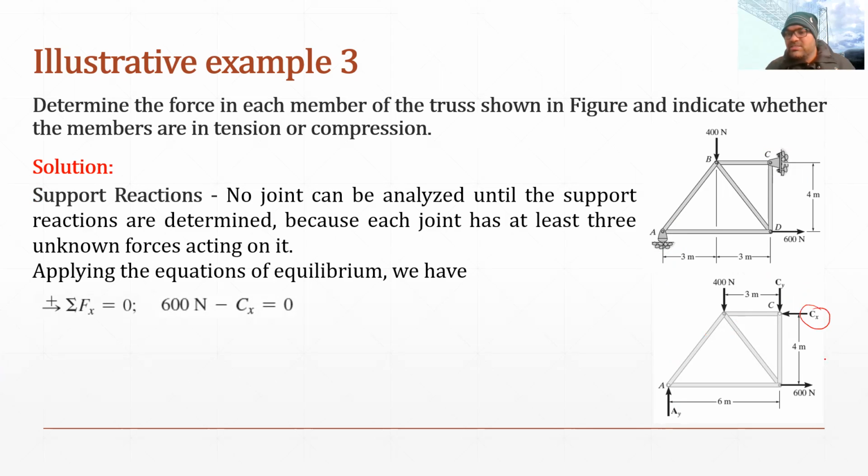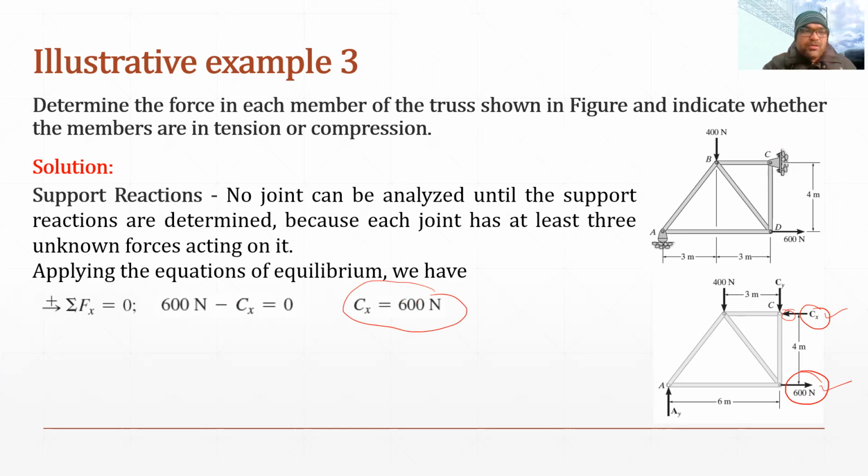One is the reaction and the second one is the external load, which is 600 Newton. This load is positive and this reaction sense is negative. Only two horizontal forces are there. So Cx, or the reaction at C in the x direction, is 600 Newton, which means the sense that we have assumed is correct because the value is positive.